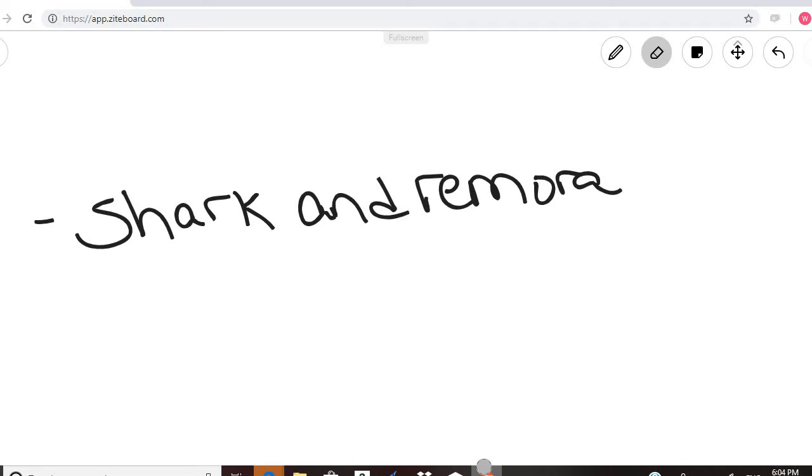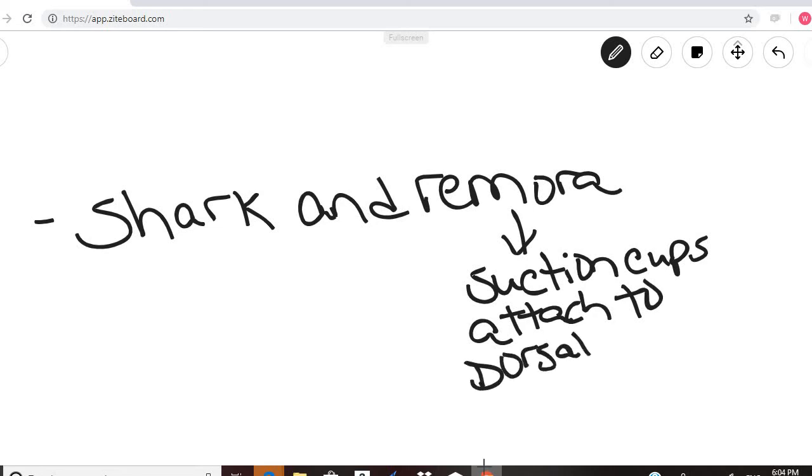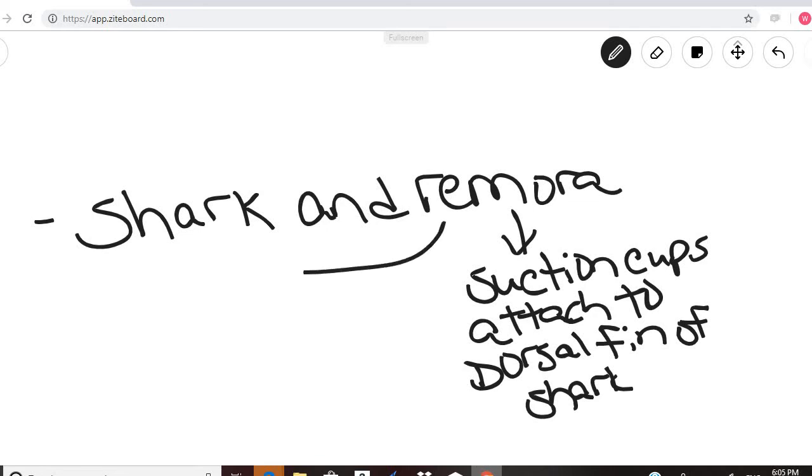The remora has suction cups, and they will attach themselves to the dorsal fins of a shark. As I said, when sharks eat, they drop a lot of scraps, and then the remora will eat those scraps that the shark drops.